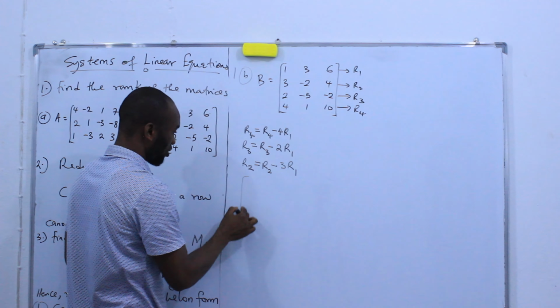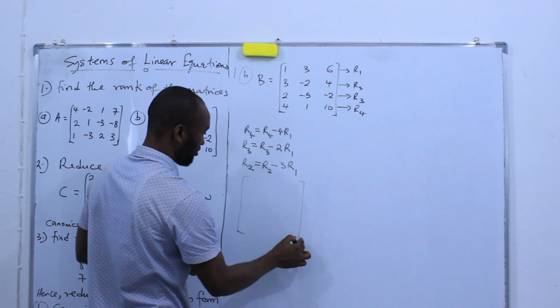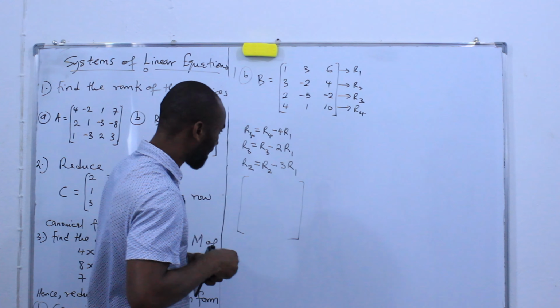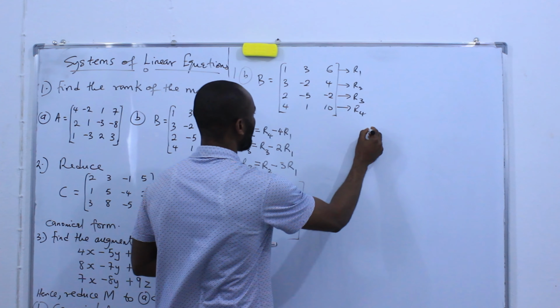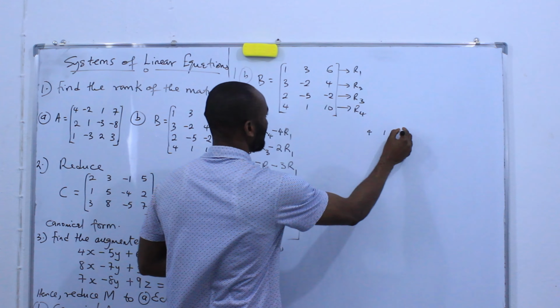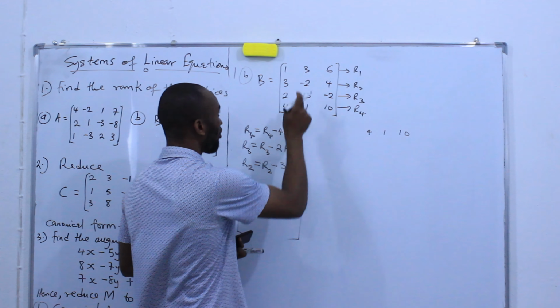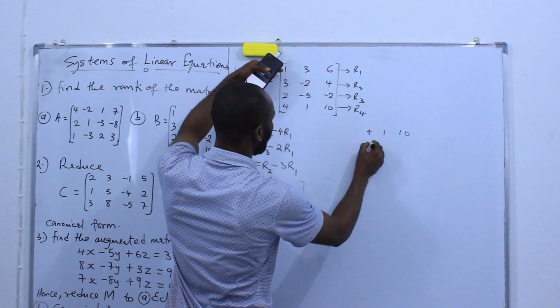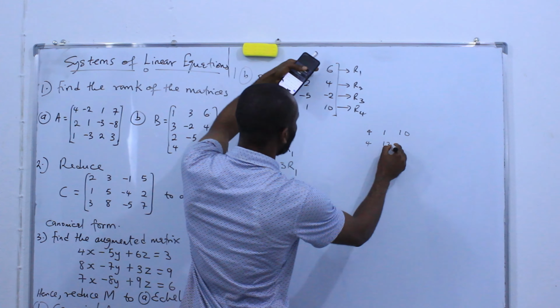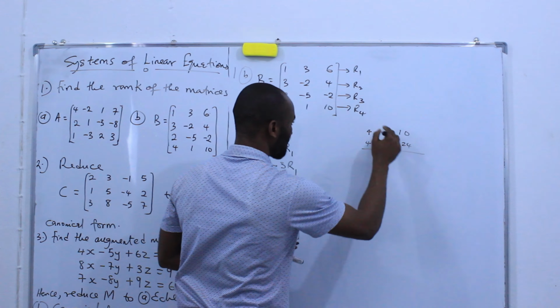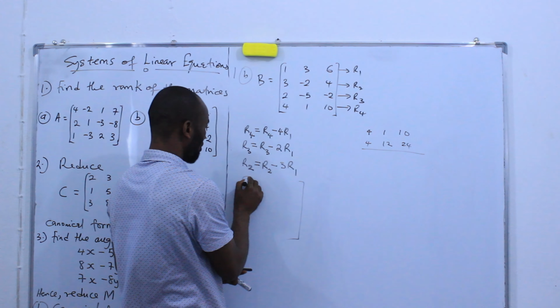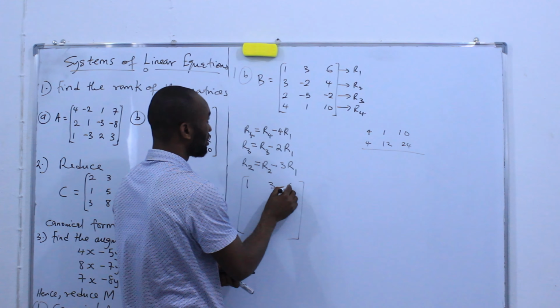Now, if we perform these operations, let's perform them on the other side of the board. Now, we have R4, which is 4, 1, 10. And then we have 4 R1, that is 4 here, 12 here, 24 here. So when I subtract this, first of all, here is 1, 3, 6.